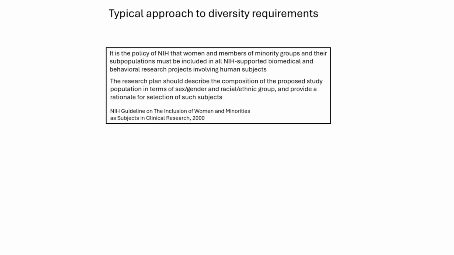And the research plan should describe the composition of the proposed study population in terms of sex/gender and racial and ethnic groups, and it should provide a rationale for the selection. Everyone, in a sense, pays some kind of attention to that, because if you don't, you won't get your research funded.